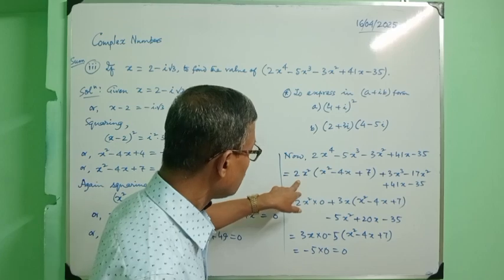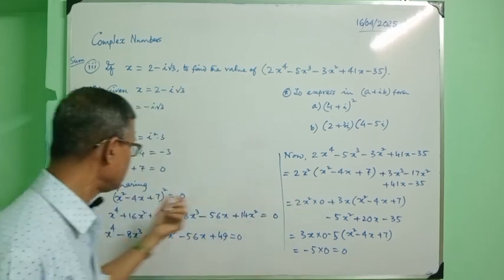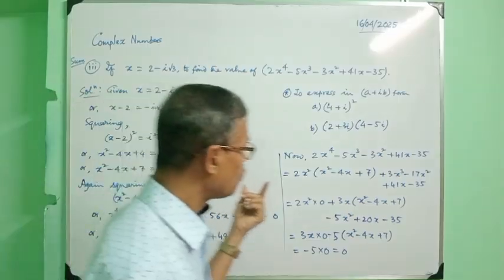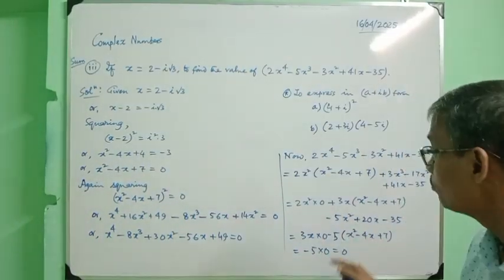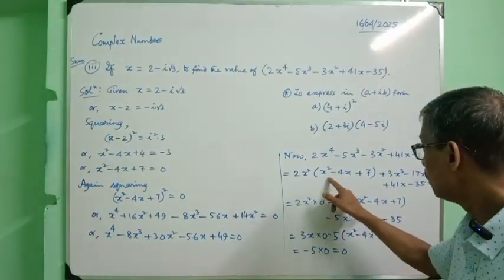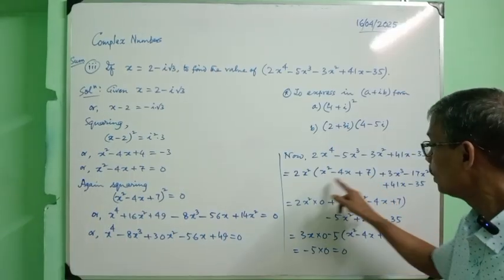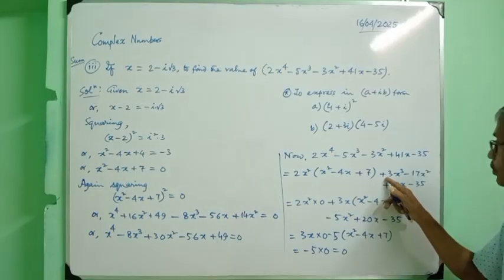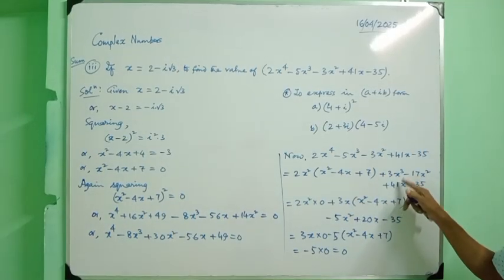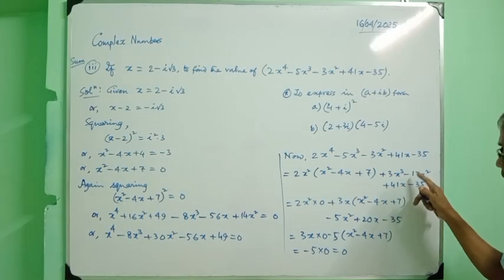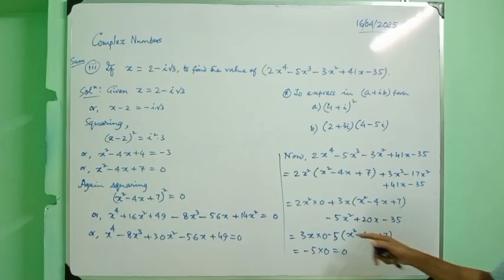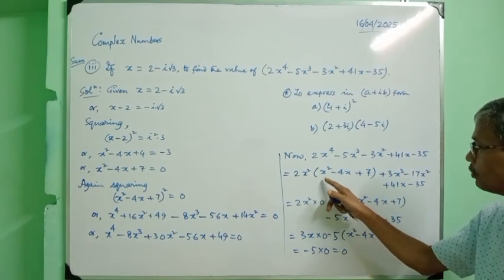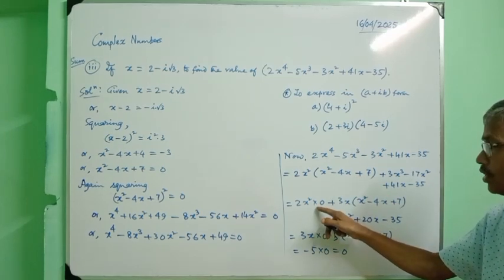That means after writing 2x square, I write this expression so that I can put the value of this expression. That means value of this one is 0. Then 2x square into this one. Now we adjust by adding, subtracting these terms. Then in the next row, I have put the value of this expression, 2x square into 0.